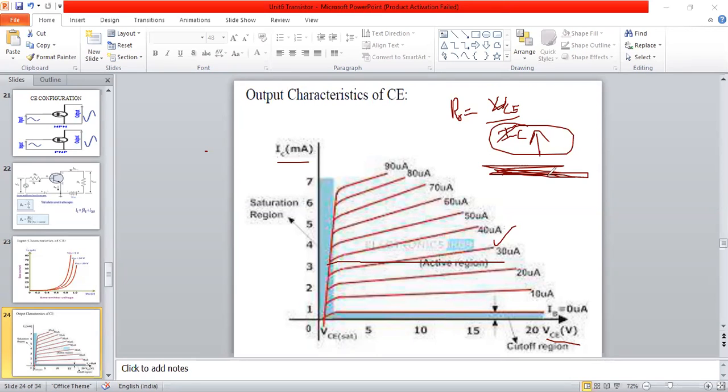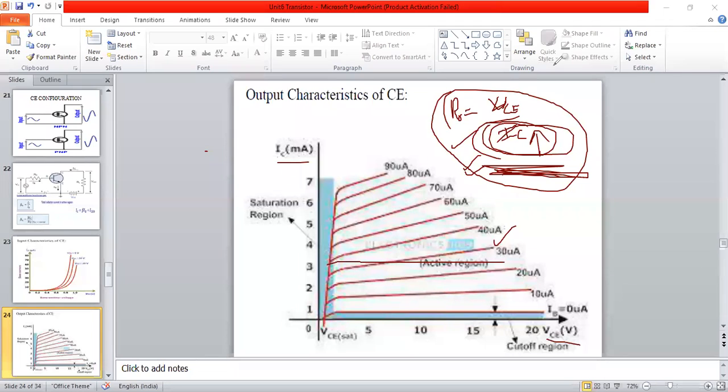But it is not; a little bit of change is there. It is not high, not low. So what we can tell is the output resistance is medium. The output resistance is medium in nature. Is it clear?